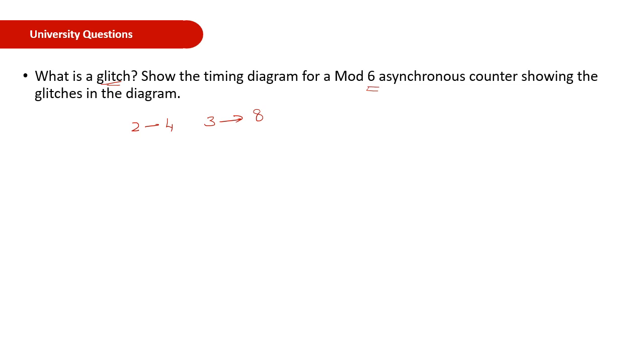That means if you are using 2 flip-flops, you will get a mod 4 counter, and if you are using 3 flip-flops, you will get a mod 8 counter. But you need a mod 6 counter, which is in between 4 and 8.